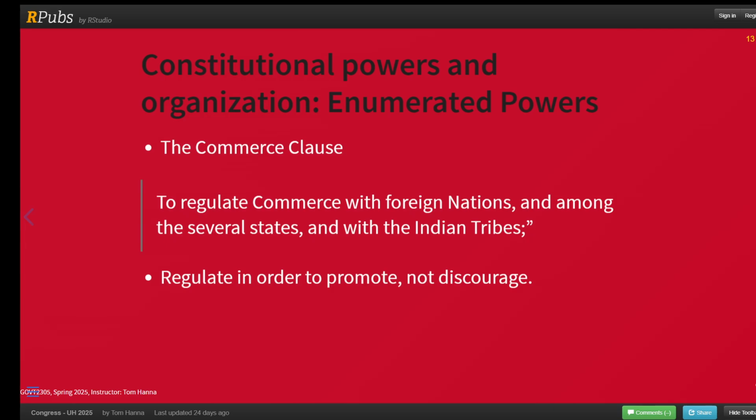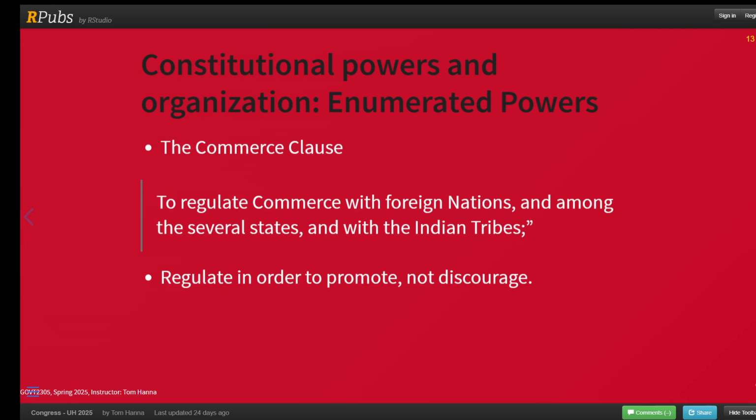Congress is given the power to regulate commerce with foreign nations and among the states and with the Indian tribes. So regulate here is actually meant to promote. Prior to this, there were 13 different states, basically independent countries, all passing their own regulations on commerce with each other.